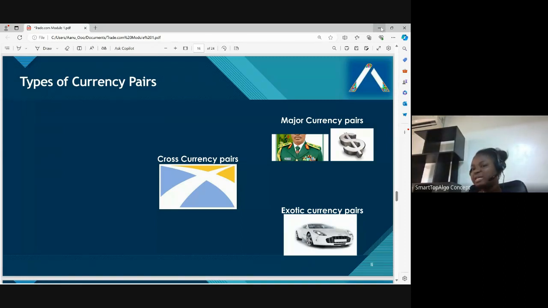As a trader, when you see a particular currency pair, you must be able to tell us the category into which it falls. If I see a currency pair, I should say, oh, this one is exotic, this one is major, this one is minor. So you must be able to determine the category in which a currency pair is grouped. Now, let's pick the categories one after the other.